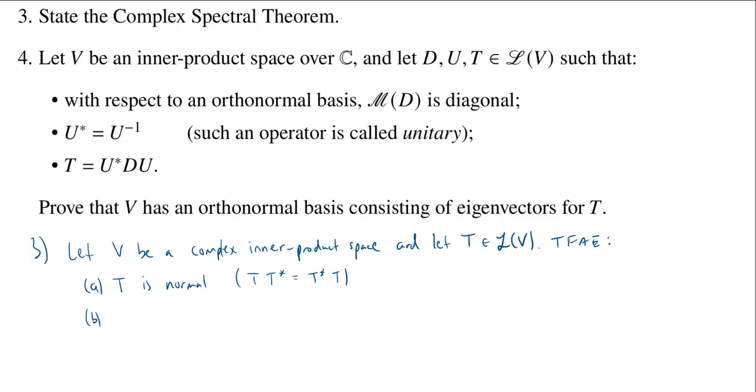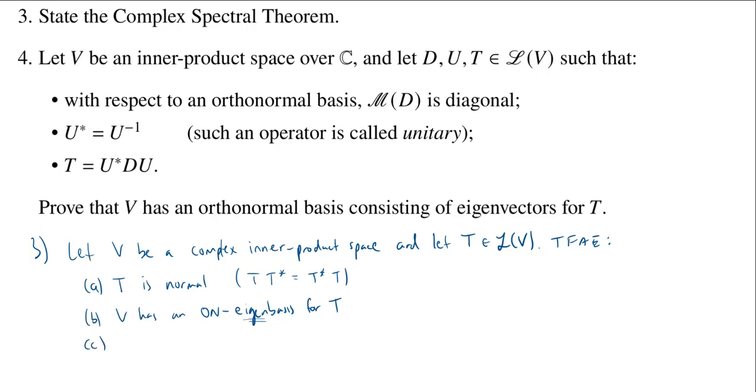The second statement is that V has an orthonormal basis of eigenvectors. Or if you like, it's an orthonormal eigenbasis. That's probably a nice, faster way to say it. An orthonormal eigenbasis for T. Of course, the "for T" is referring to the eigenbasis part. The orthonormal has to do with it being an inner product space.